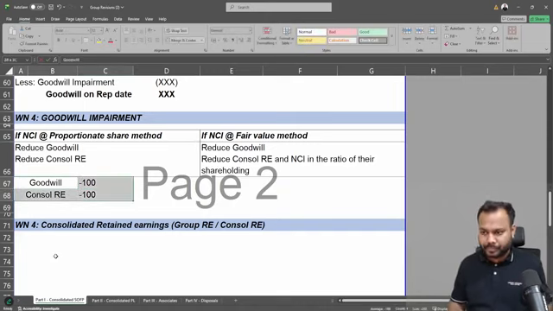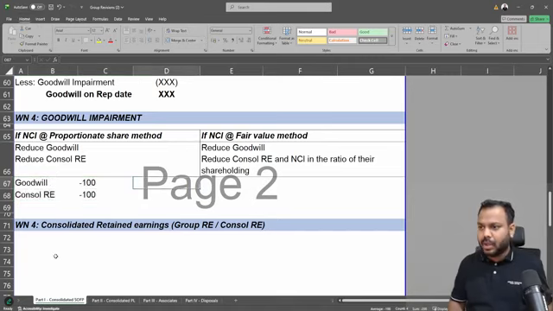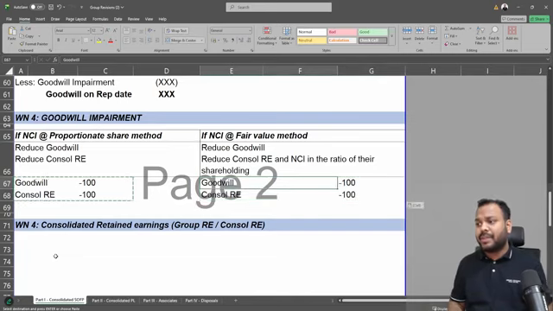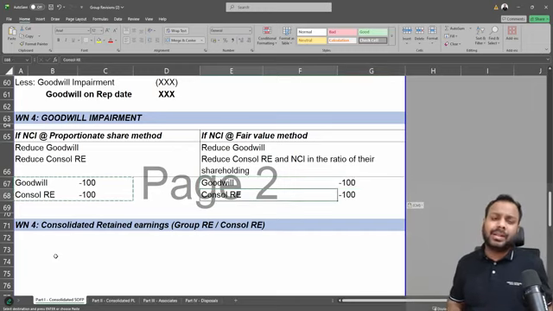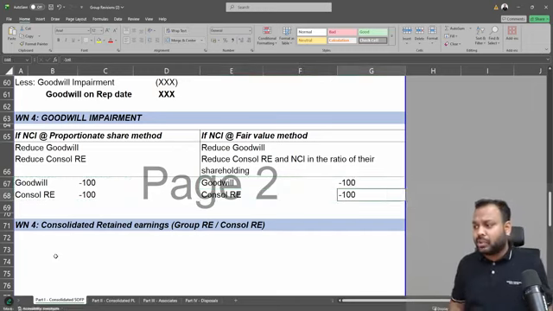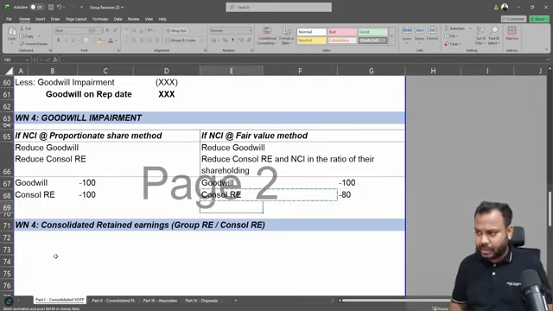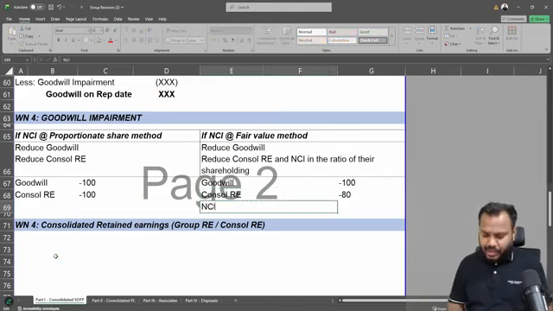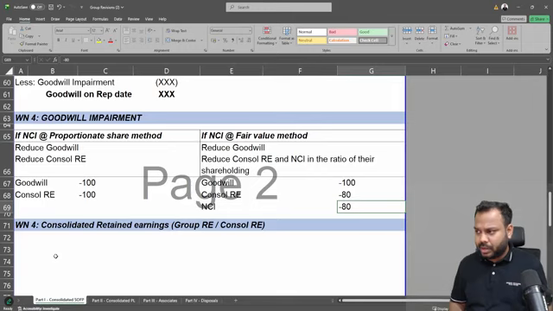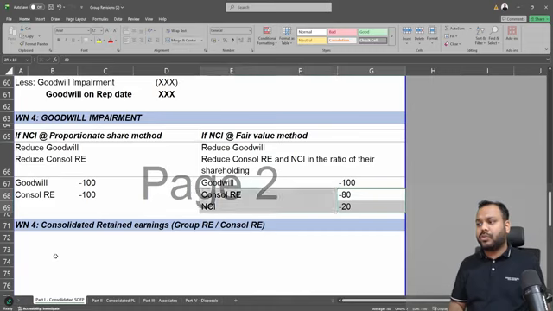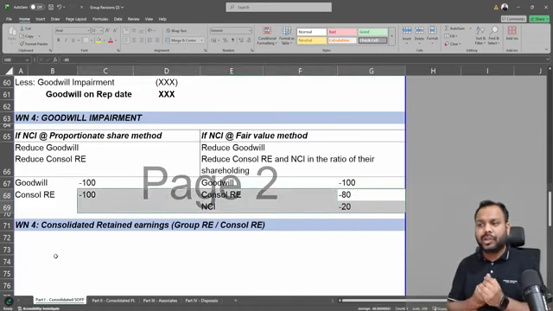But similarly, if NCI is at fair value method, and goodwill is impaired by 100 and the parent holds 80%, then consol RE reduces by 80 and NCI will reduce by 20. I believe it is clear to all of you. Are you understanding the treatment of goodwill impairment?